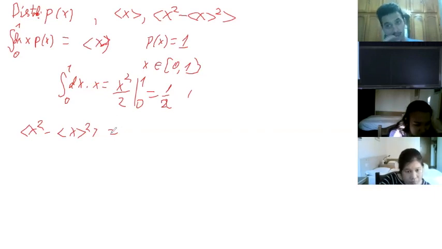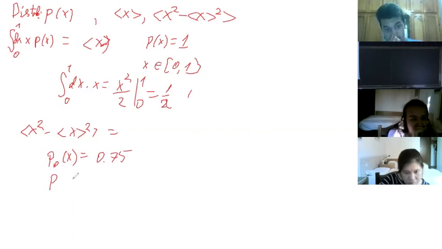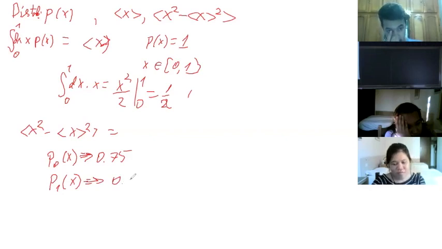Yeah, so if I say to you that the standard deviation of one distribution P naught is, let's say, 0.75, and another distribution P1 gives you standard deviation 0.5, this is uncertainty, and 0.75 is the most uncertain.